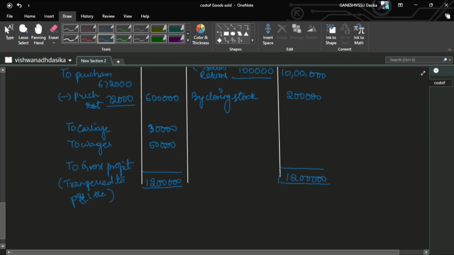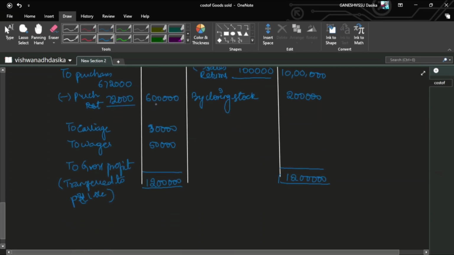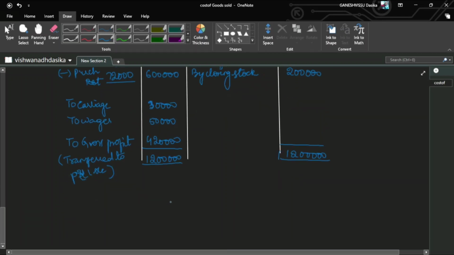Got 12 lakhs minus 1 lakh, 11 lakhs minus 6 lakhs, 5 lakhs minus 30 minus 50, 5 lakhs minus 80, 4 lakhs 20,000. So this would be the gross profit. Okay, 1 lakh, 7 lakhs, 7 lakh 30, 7 lakh 80, 11 lakh 80, 20, 12 lakhs, correct. This is the gross profit.